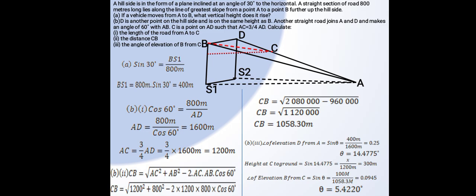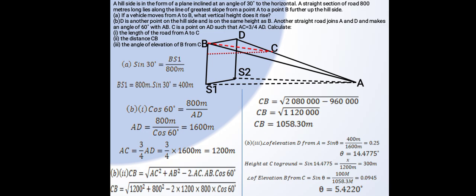Now, it means from 100 meters, when you are standing at C, what is the angle of elevation to B? So we shall use sine theta, because we have the vertical height 100, and we have the distance from B to C as 1058.3 meters.